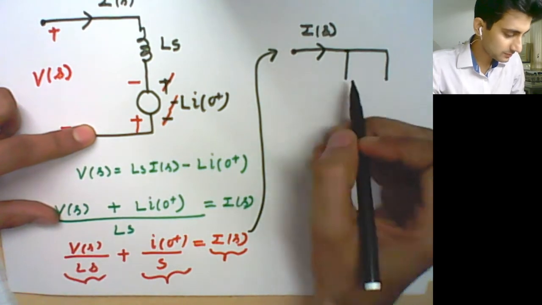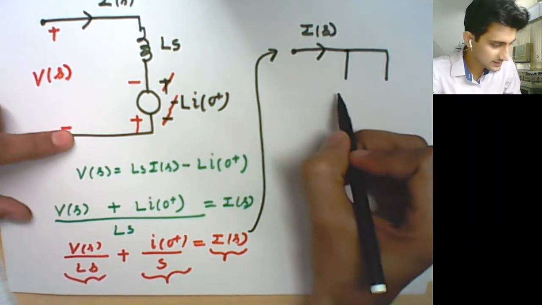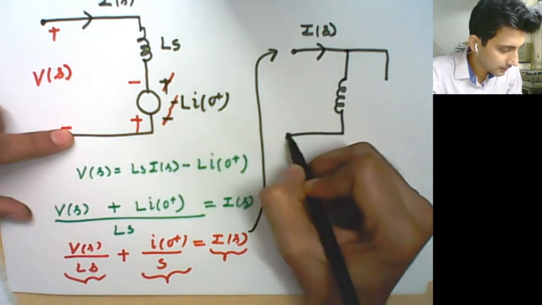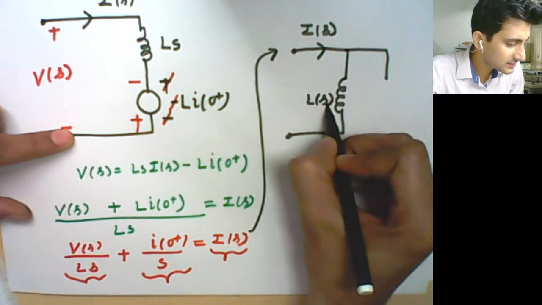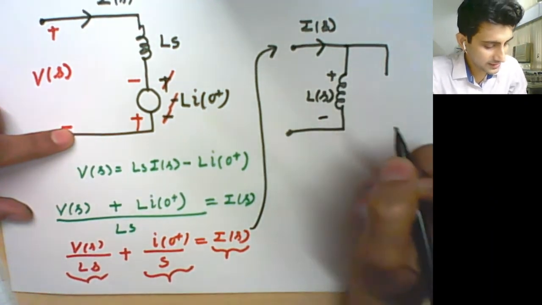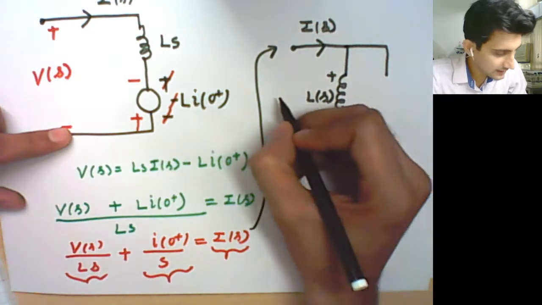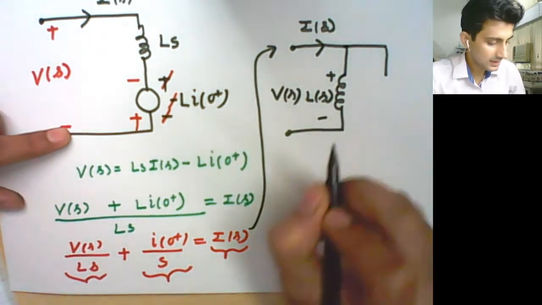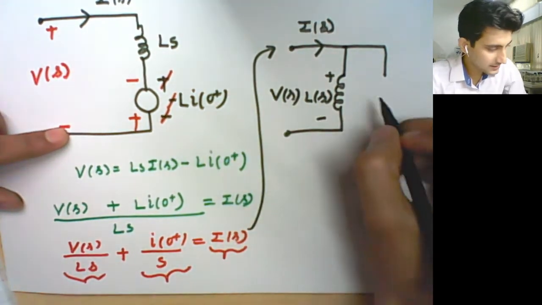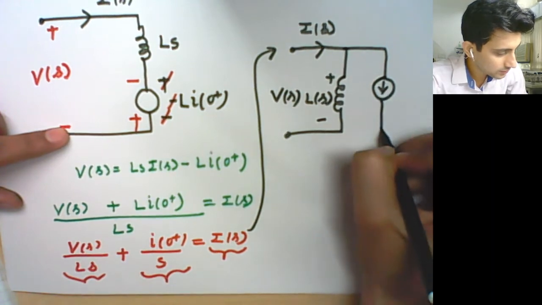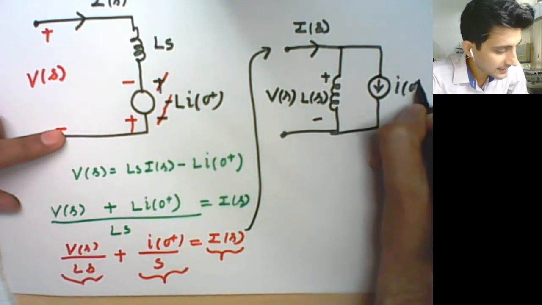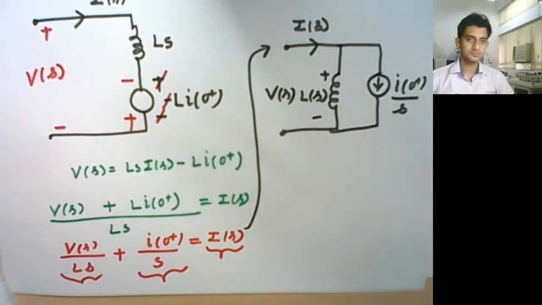In one branch, I have Ls across which the voltage difference is Vs. And in the other branch, there is a current source of value I(0+) by S.